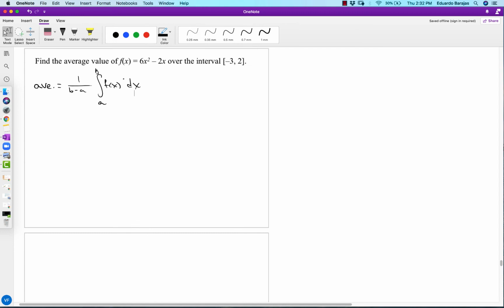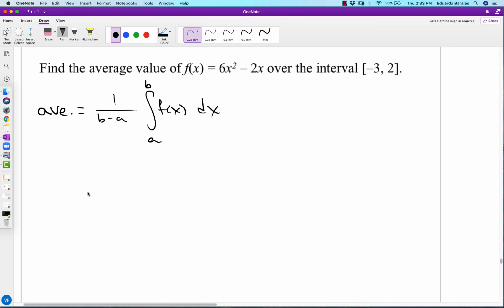Then the average value of f of x is going to be equal to 1 over 2 minus -3, integral from -3 all the way up to 2 of my function f of x, which was 6x squared minus 2x dx.